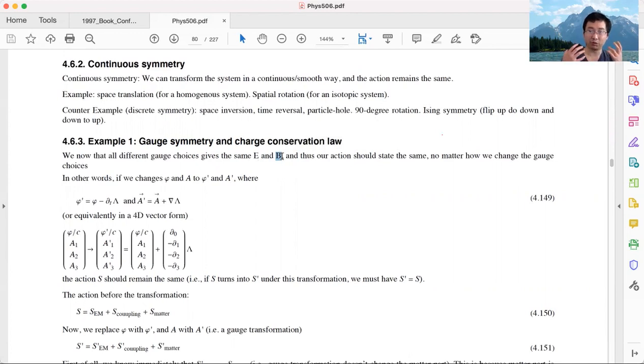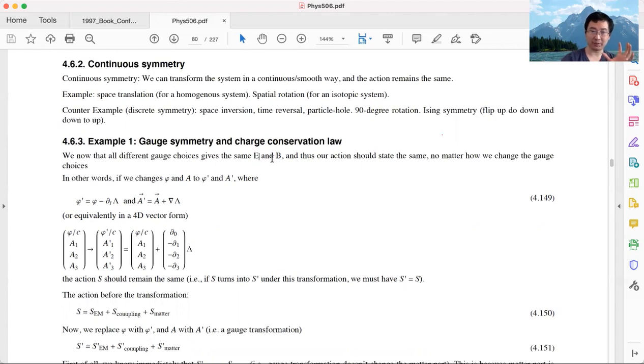For example, if you want to do action, you want to do variational principle, it's much better to use scalar and vector potential, phi and A, to describe your E and B instead of E and B, okay? Because they don't have constraints, as we explained earlier. And we also mentioned in early lectures, if we use scalar and vector potential to define E and B, this scalar and vector potential are not uniquely defined, okay?